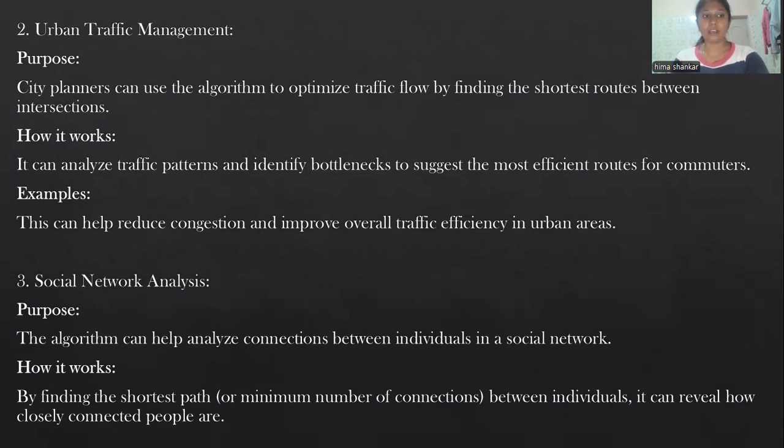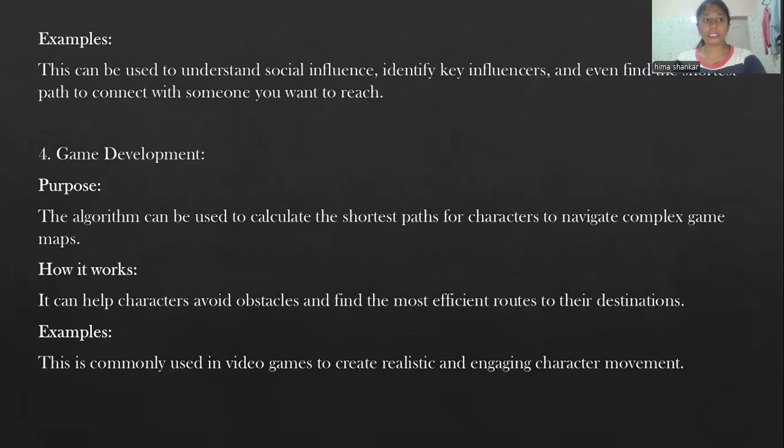Network analysis. Purpose: the algorithm can help analyze connections between individuals in a social network. How it works: by finding the shortest path or minimum number of connections between individuals, it can show how connected people are. Example: this can be used to understand social influence, identify key influencers, and even find the shortest path to connect to someone you want to reach.